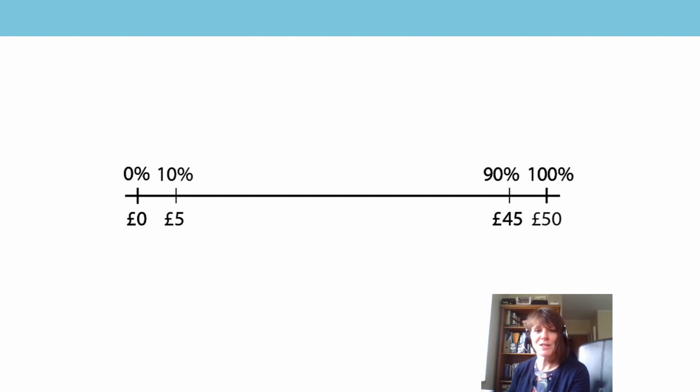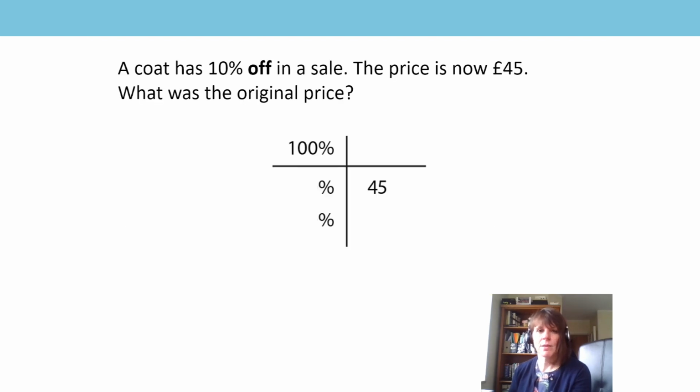I think I quite like the double number line in this case. I think it's really easy to see the relationships between the values. Let's have a look at it in a ratio chart. I know that the price is now £45, and I know that it's been reduced by 10%. So I need to work out what percentage of the original price the £45 is.